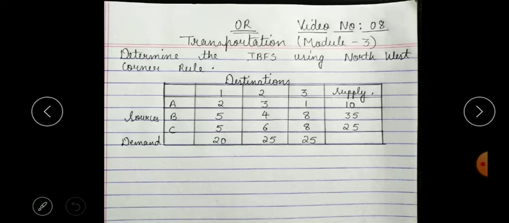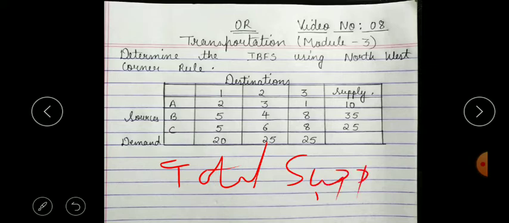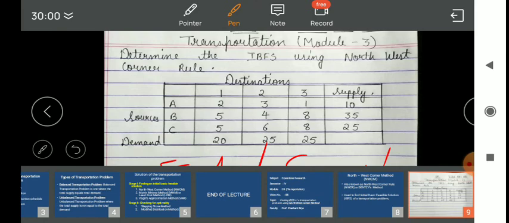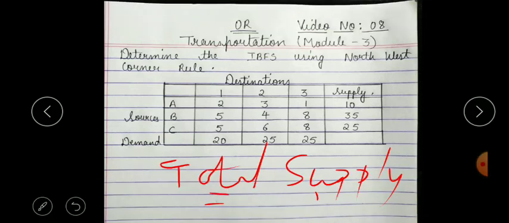If the given problem is balanced, total supply should be equal to total demand. So we'll first see what is the total supply. Total supply is equal to, here is the supply, add up all the supplies, I'll get it as 70.